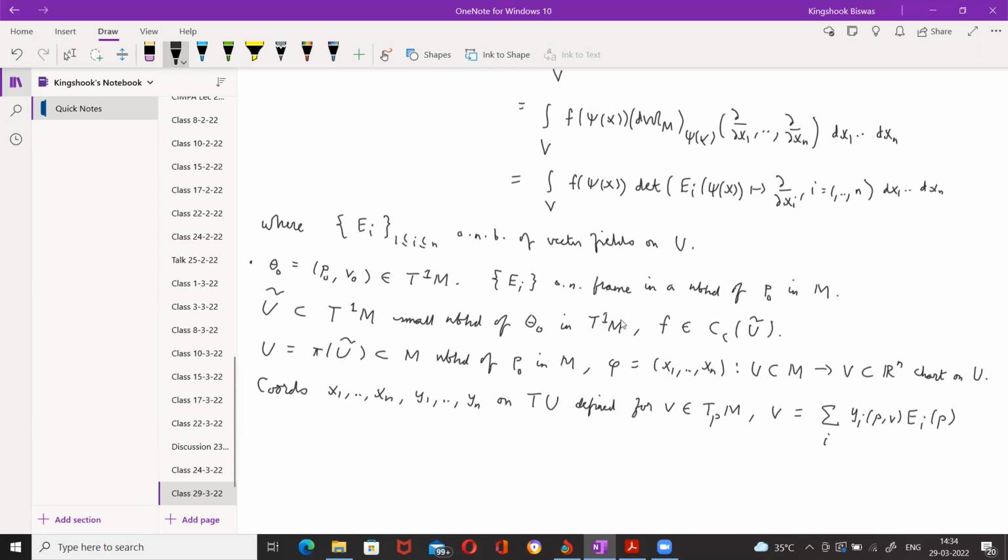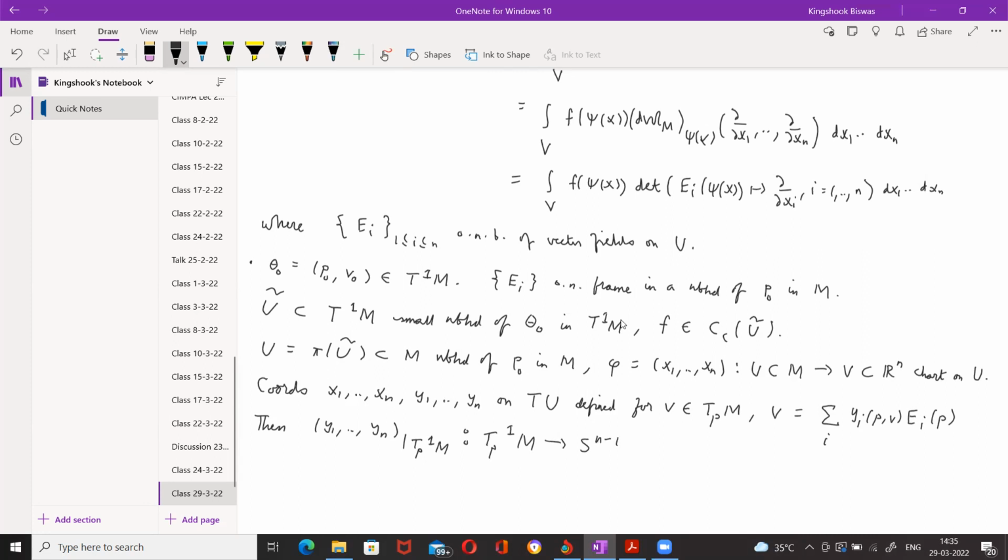Yes. So then is this all right? Yes, sir. Okay. So then y1 to yn restricted to any unit tangent sphere T_p^1 N maps T_p^1 N to S^(n-1), right?